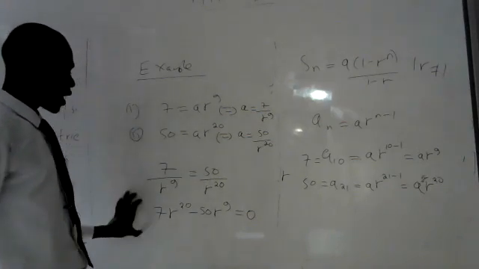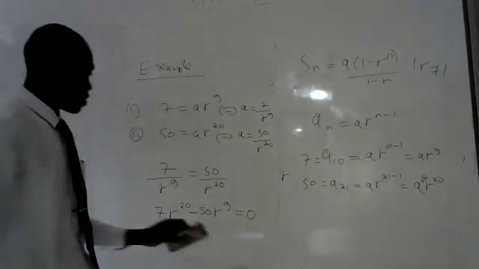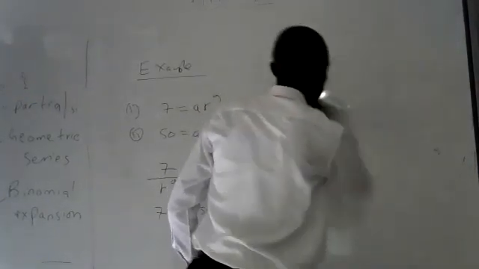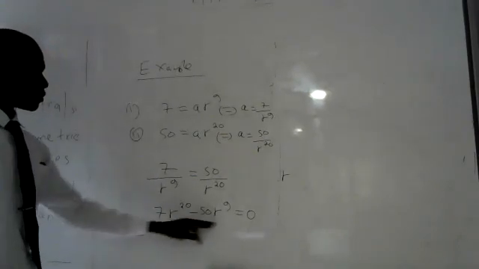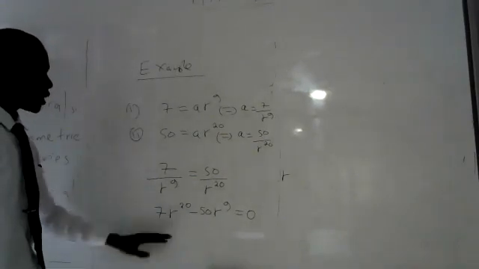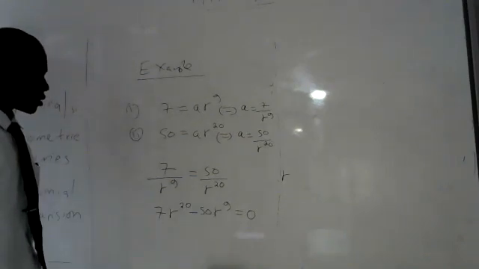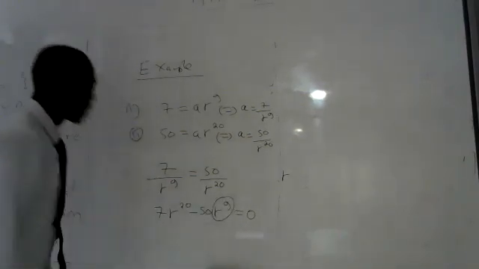Then I brought them on one side, so I equate this to 0. Now at this stage, you can factorize. What's the common term here in this expression? The common term is R power 9.